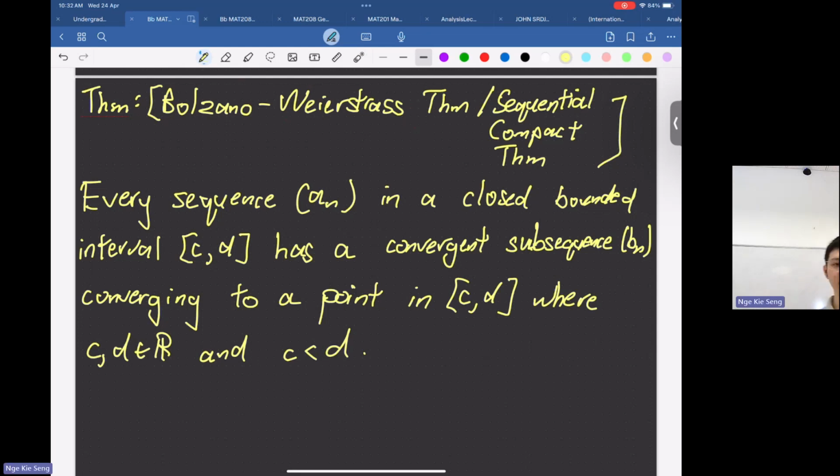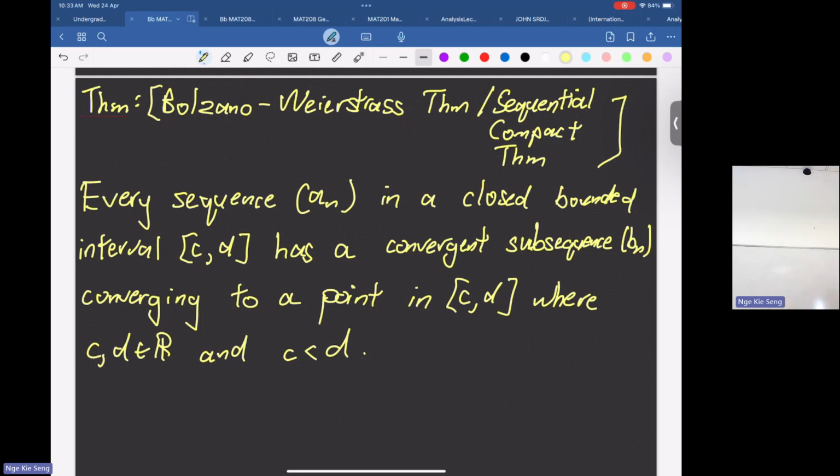How to find this convergent subsequence? Actually, there's one tool you have, right?